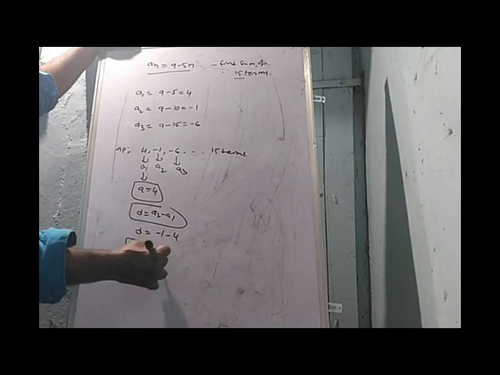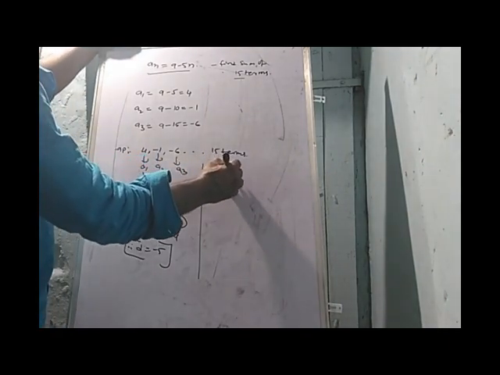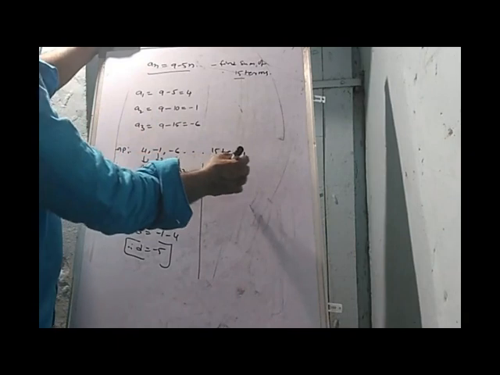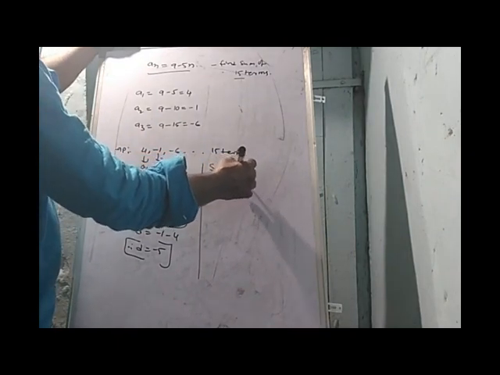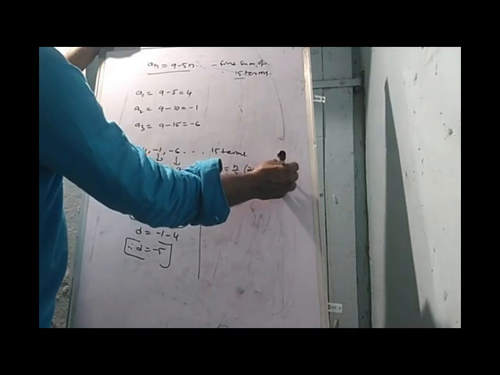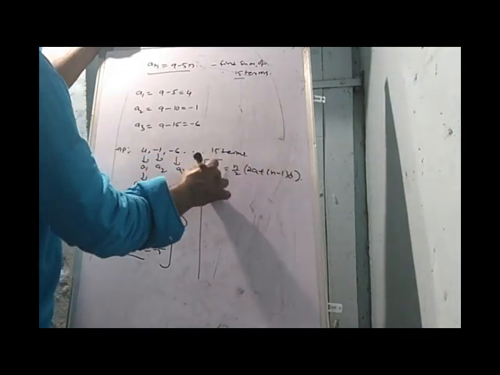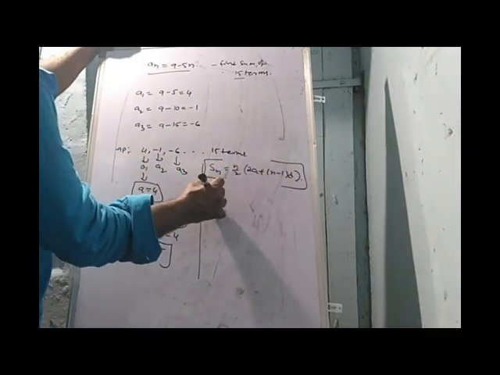The d is minus 5. We need to find the sum of 15 terms. What is the formula? We don't know the last term, that's why we use the general formula Sn equals n by 2 of (2a plus (n minus 1) into d). We can use this formula.